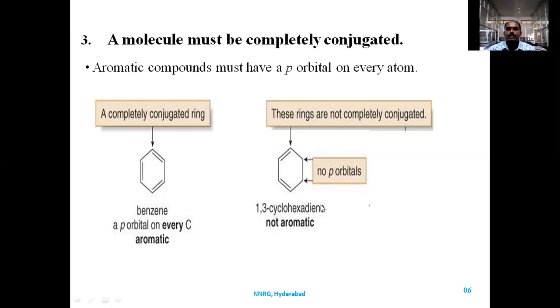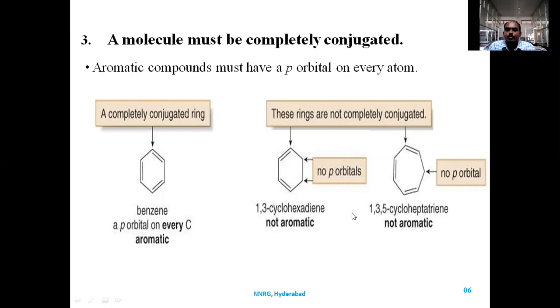So this molecule is out of planar structure, and it is not conjugated. These two carbons do not have p orbitals, so they cannot overlap with this pi system. When there is no delocalization or resonance, no electron transfer takes place, so complete conjugation is not taking place. That is the reason 1,3-cyclohexadiene is not aromatic in nature.